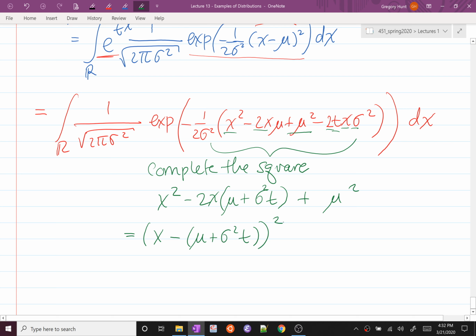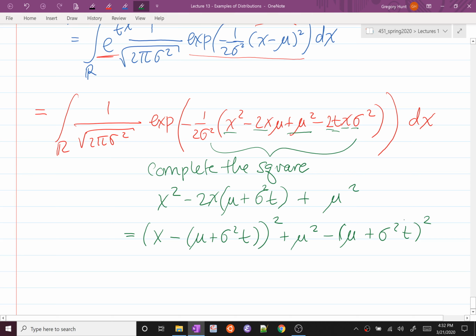I'd like to say it's that, but it's not quite, because that's not quite what it is. I can do that. Of course, I need to keep my mu squared here, but I have to account for this term mu plus sigma squared t that actually doesn't show up.